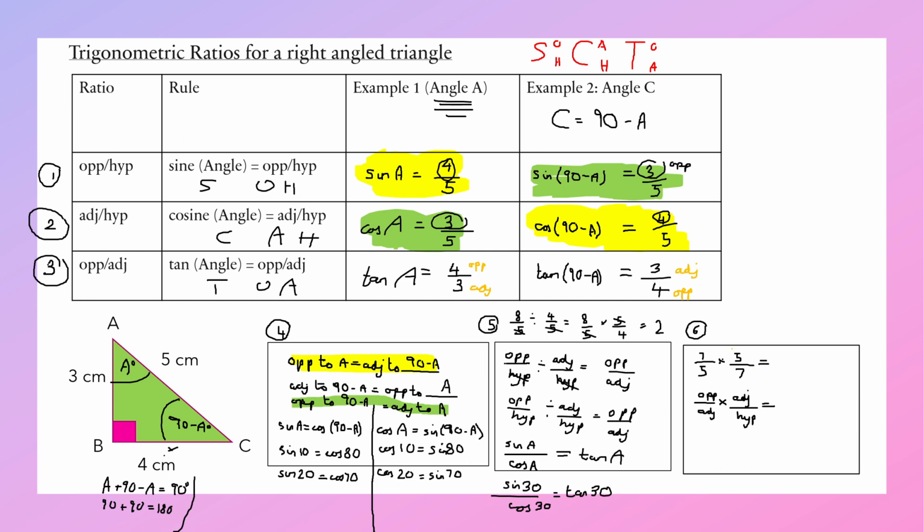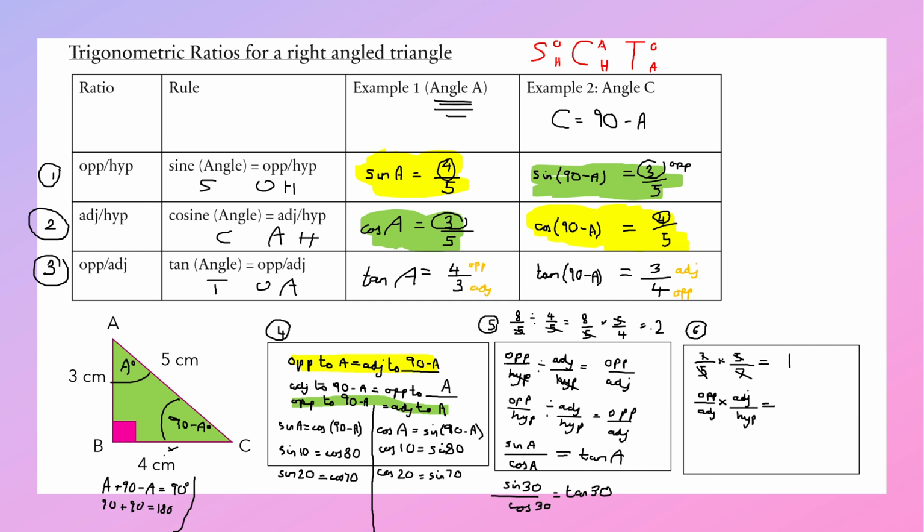Now remember what we did before when we were multiplying by reciprocals? We did 7/5. We knew the reciprocal multiplied by itself gives us 1. I'm going to prove that to you. So if I have 7/5 times 5/7, the 5's cancel out, the 7's cancel out, so you're left with 1.